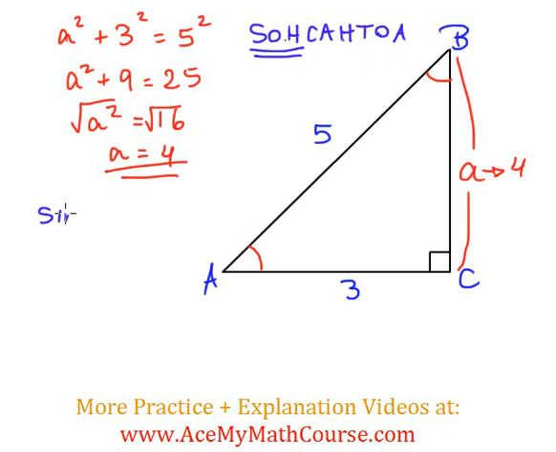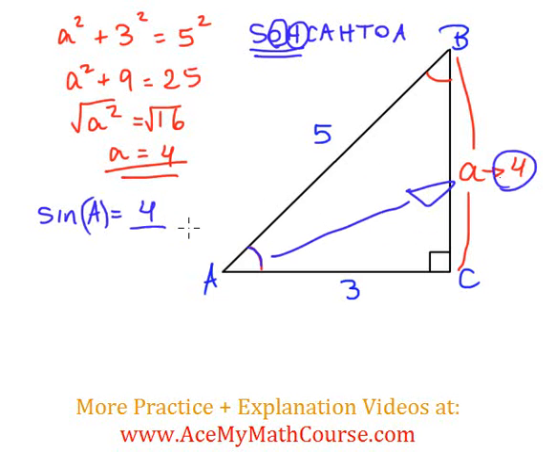And I know that sine is opposite over hypotenuse. So sine of angle A is equal to opposite, which is 4, over hypotenuse. And the hypotenuse is always opposite to the 90-degree angle. So that's 5.